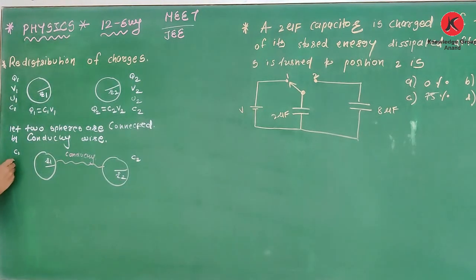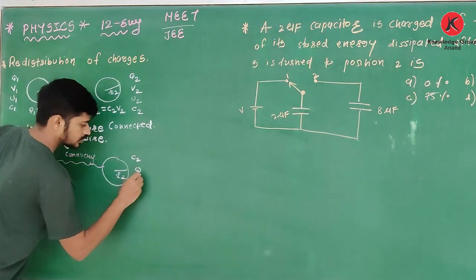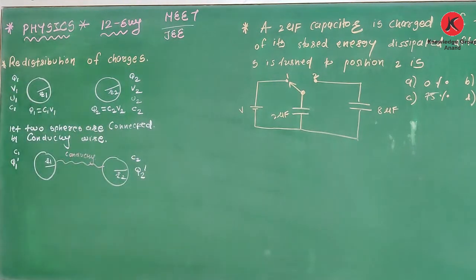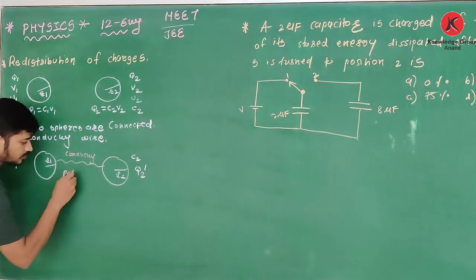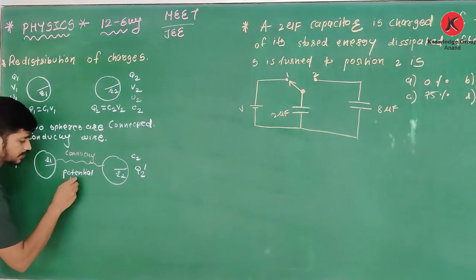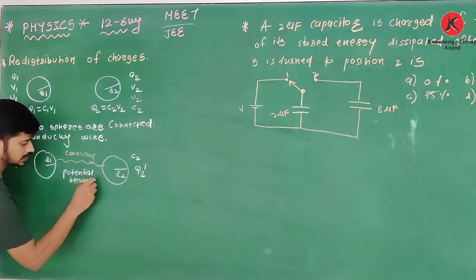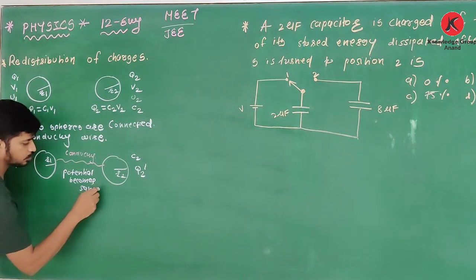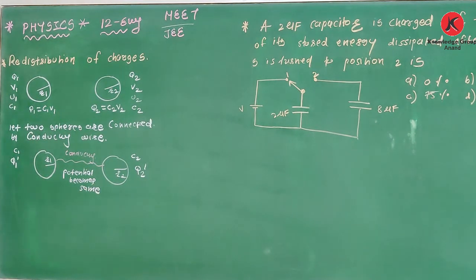Charge on the first capacitor is Q1 dash. Charge on the second capacitor is Q2 dash. As they are connected, their potential becomes the same.